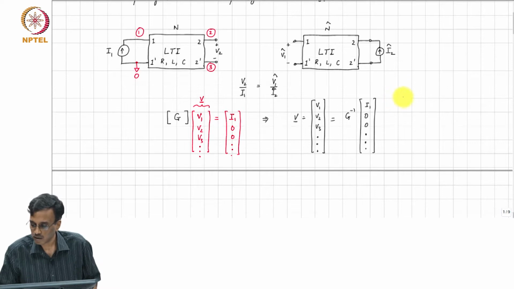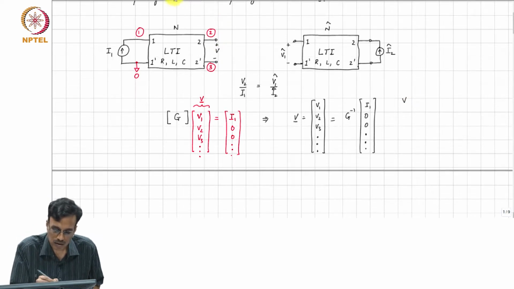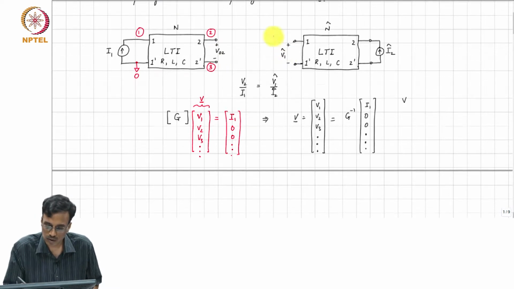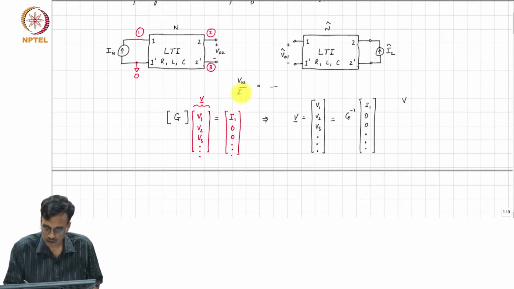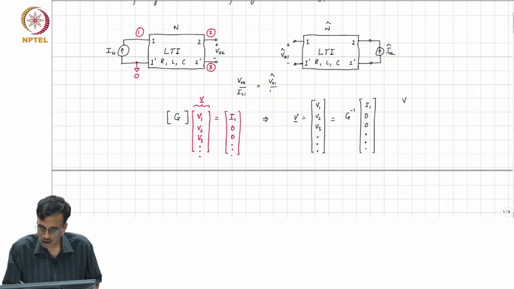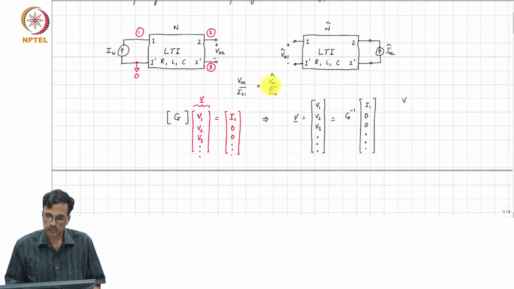Therefore, I think I am going to call this VO2, not to get confused. So VO2 by I1 must be VO1 hat by I2 hat.